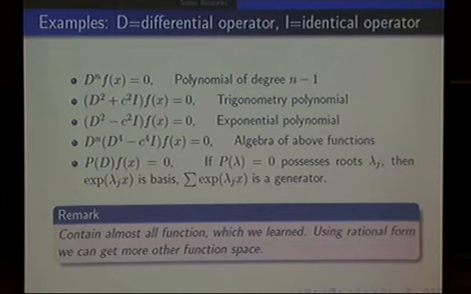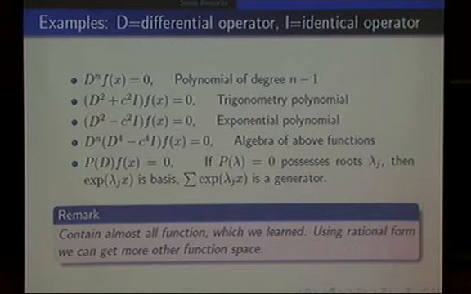Then we can solve its characteristic function. If this function possesses a lot of lambda j, then exp(lambda j x) is a basis, and this function is a generator of the solution space of this ordinary differential equation.